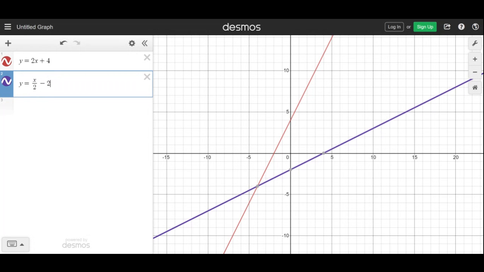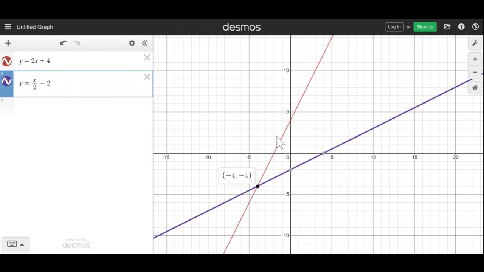And this is our g of x, x over 2 minus 2. So we got this by taking the inverse of the first function and then switching the x and the y. So we're interchanging the x and the y. So we're getting this value here. So observe that there is an intersection here between the two.